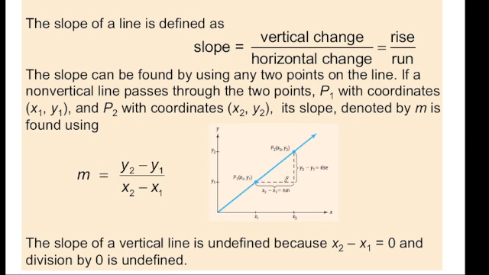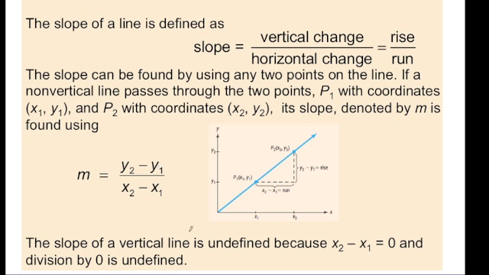Well, the vertical distance is the difference between y2 and y1, and the horizontal difference or the run is the distance between x2 and x1. Truthfully, it doesn't matter which point you put first. Always remember, y's go on top, rise over run, and make sure you keep the pairs together.